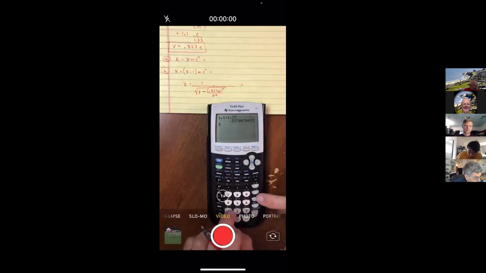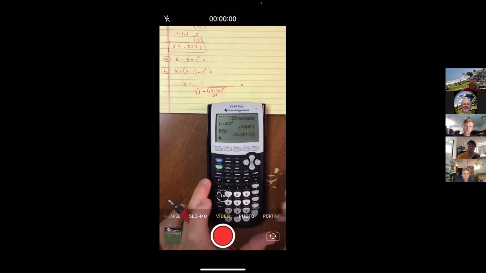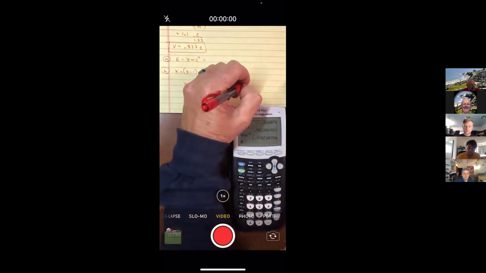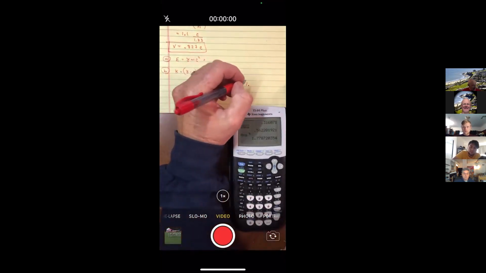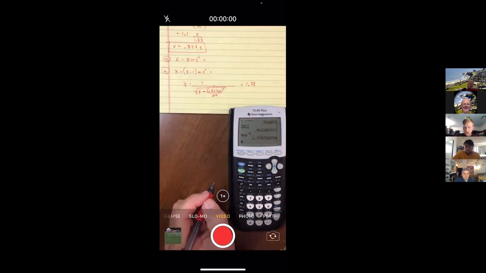Okay, so 1 minus 0.827 squared, taking the square root of that and the reciprocal, and gamma is about 78% greater than 1. So if we go slow, gamma is a factor of 1.